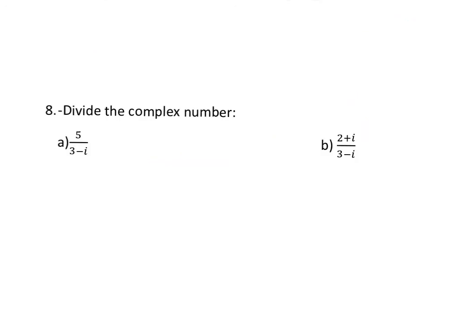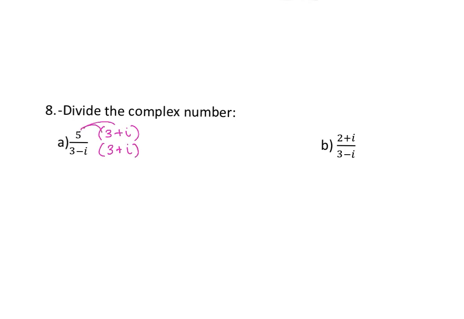Okay, these last problems here, we're going to divide the complex number. Well, I didn't get too creative with these denominators, but whenever you're dividing a complex number, you just need to multiply the top and bottom by the conjugate.